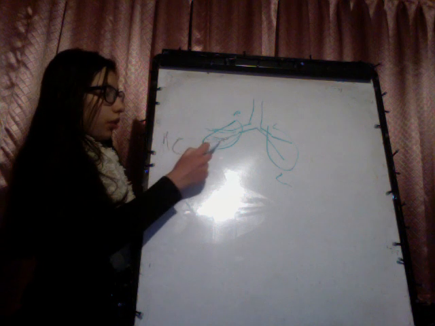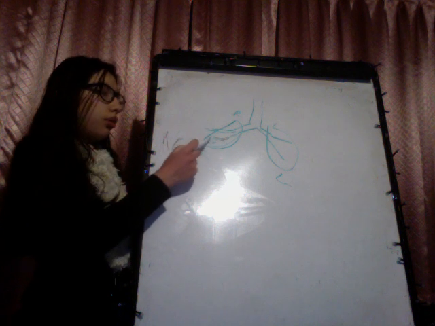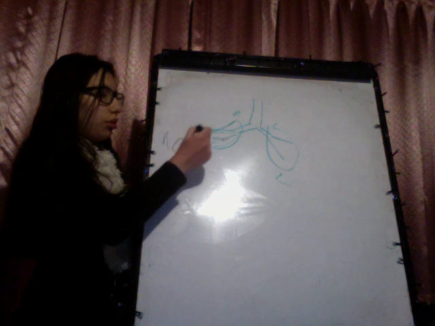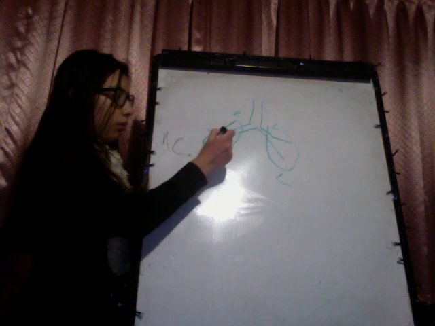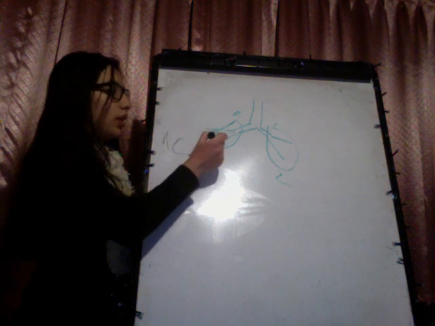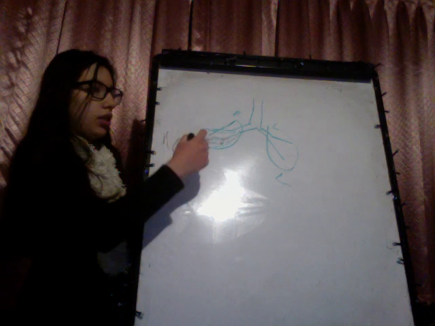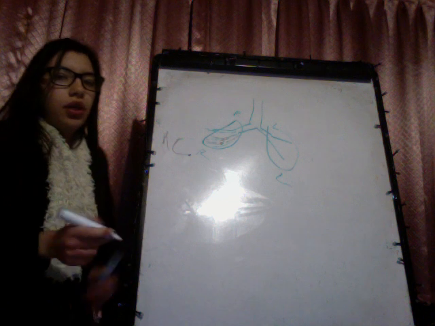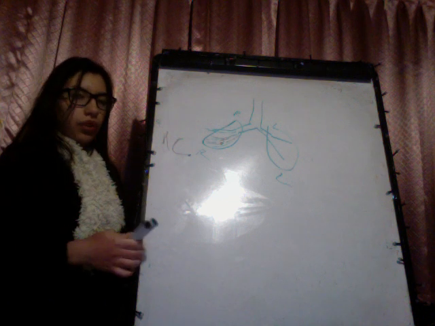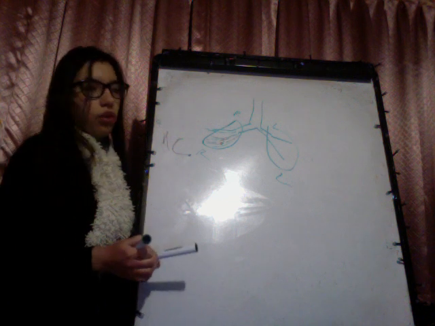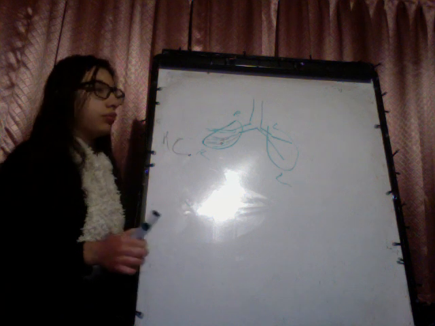The bronchial artery gives blood to the lung and then returns by the bronchial vein, which drains into the pulmonary vein, in the small pulmonary veins. So that's because we have a little bit of deoxygenated blood coming to the left atrium.